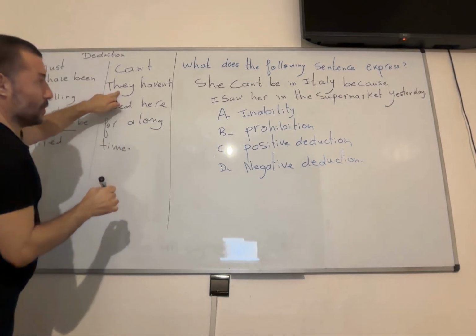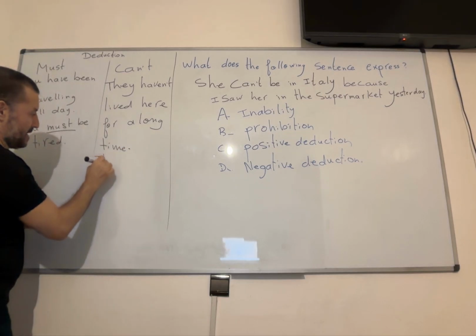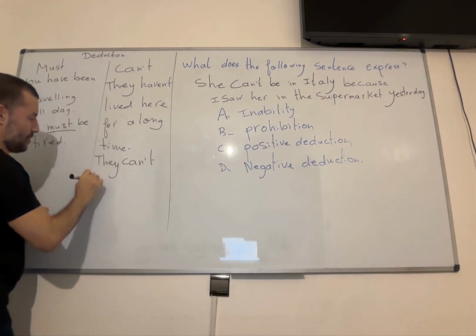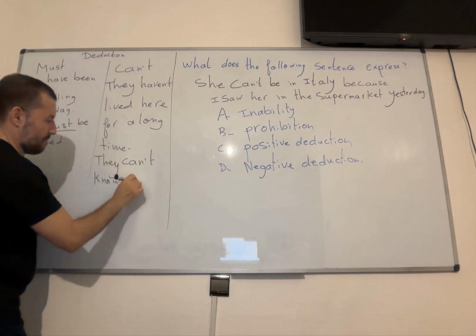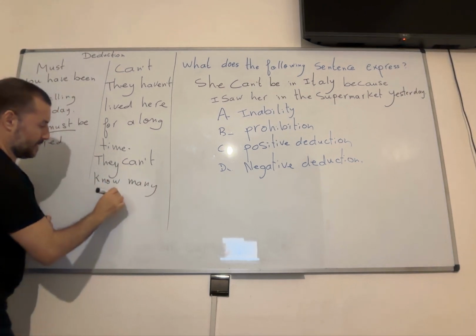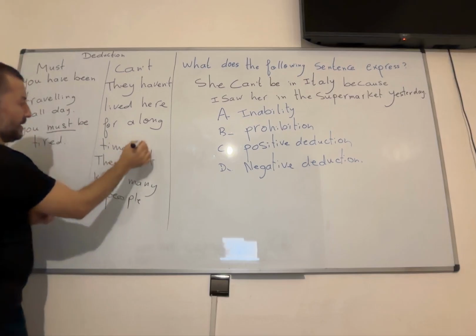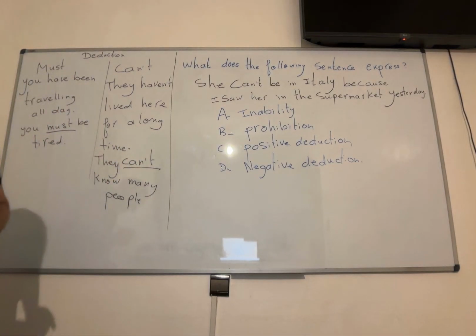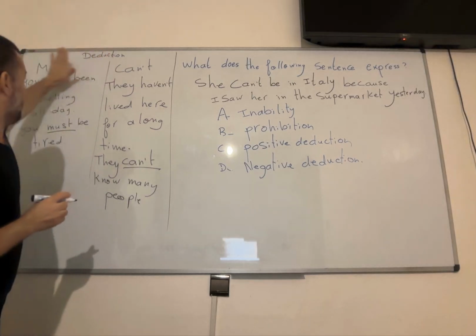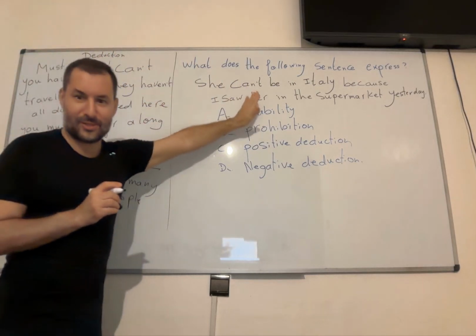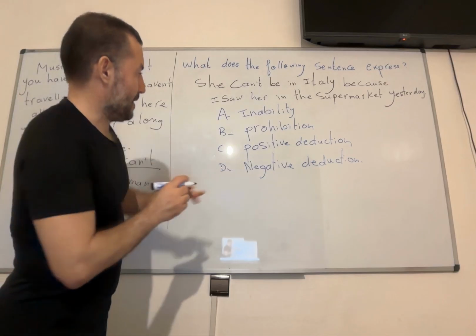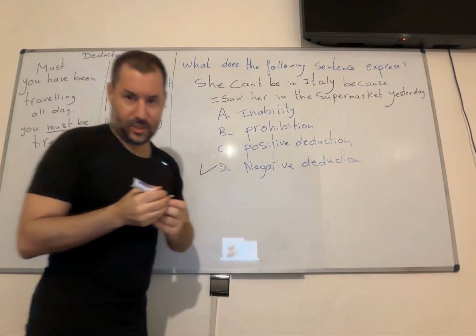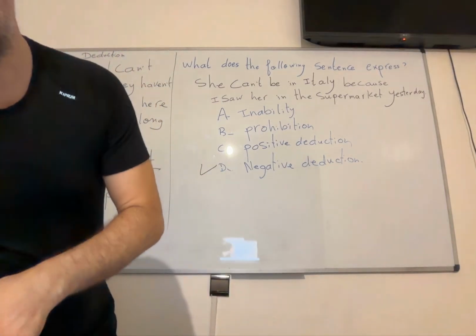So they can't know many people. Here we have can't. This is for negative deduction. So when we talk about deduction, we have must and we have can't. So what is the right answer here? The right answer is this one. Negative deduction.